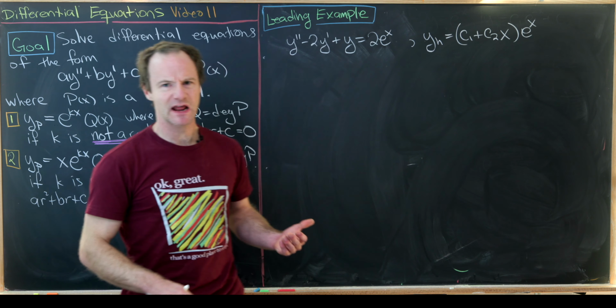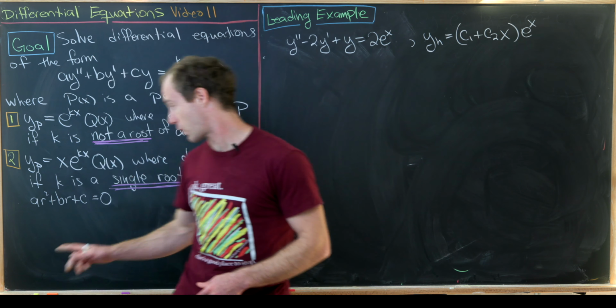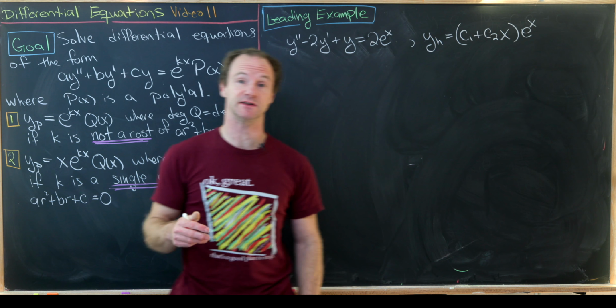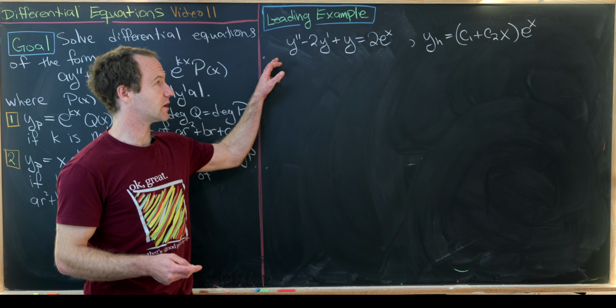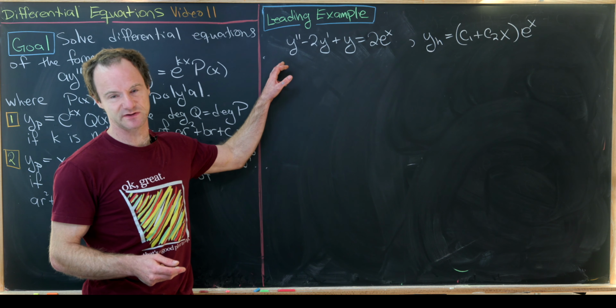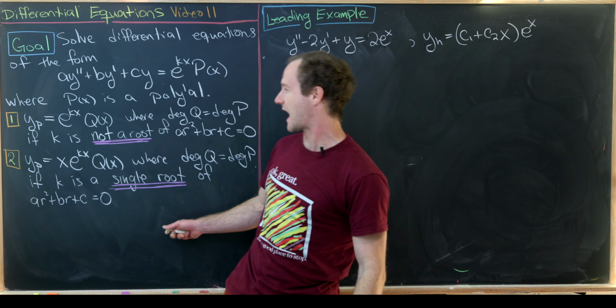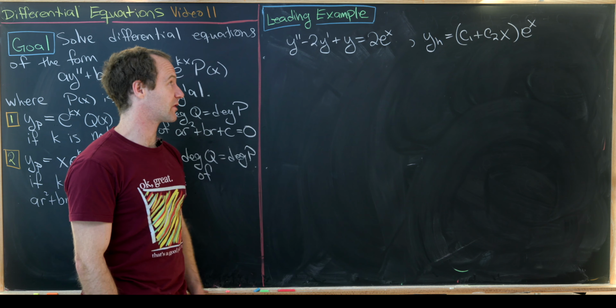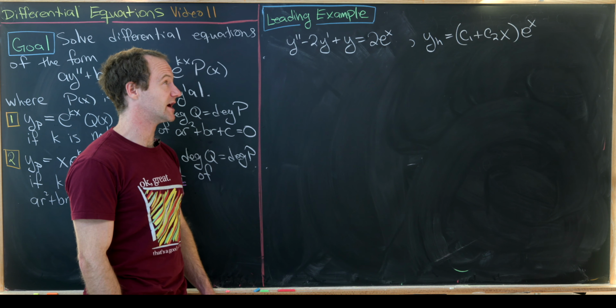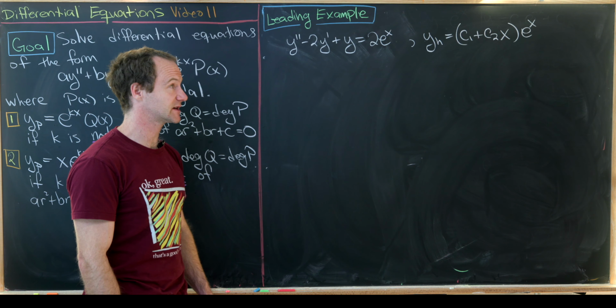So now let's see what happens if it's a double root. So this is a quadratic polynomial. So the only possibilities are not a root, a single root, and a double root. So we've got the following example to lead us towards the last case of this setup. And that is y double prime minus 2y prime plus y equals e to the x.